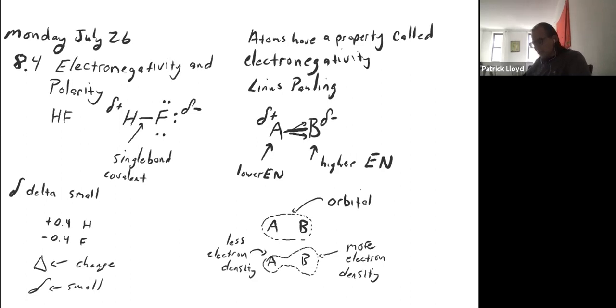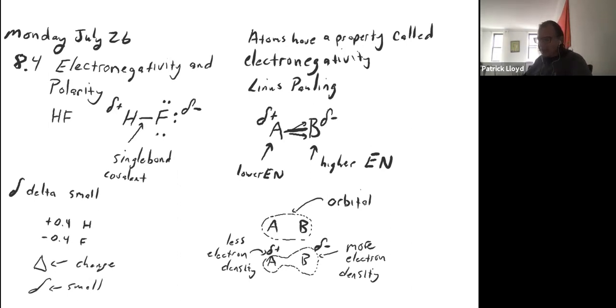Okay, and what will happen is you'll get a negative charge here, and you'll get a positive charge there. So this is maybe a nicer way to show it because you're using something that's pretty real, like an atomic orbital, in order to describe what's happening in terms of the electrons, okay? So the electronegativity becomes important when there's a covalent bond between two atoms, okay?